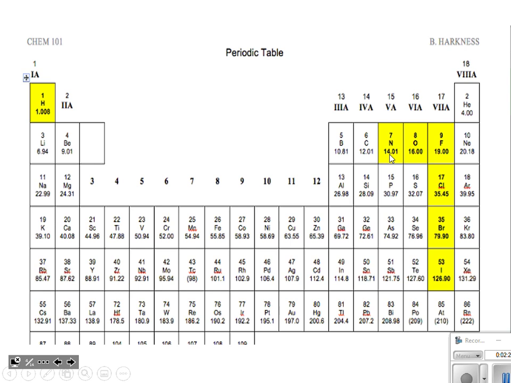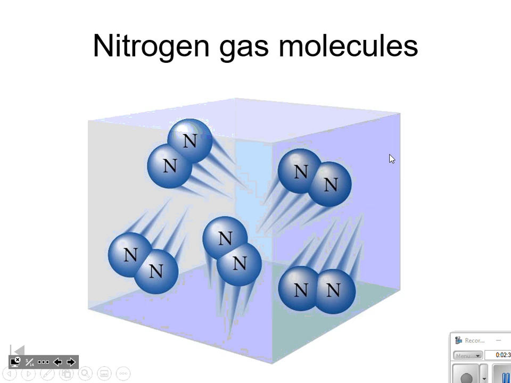So, hydrogen, nitrogen, oxygen, fluorine, chlorine, bromine, iodine. Ladies and gentlemen, you're super 7. Now, just to show you about these super 7, they are what we call diatomic molecules. So what type of bonding are we dealing with here, folks, if it is a molecule?